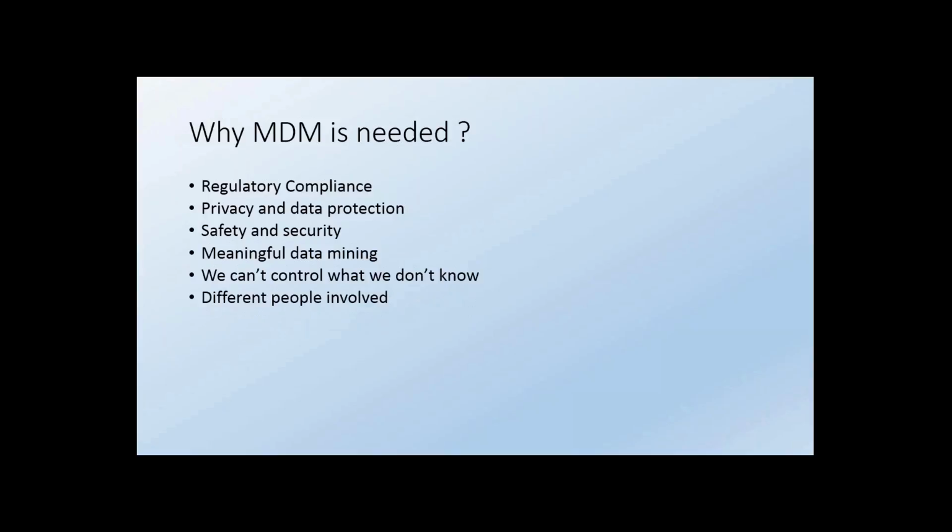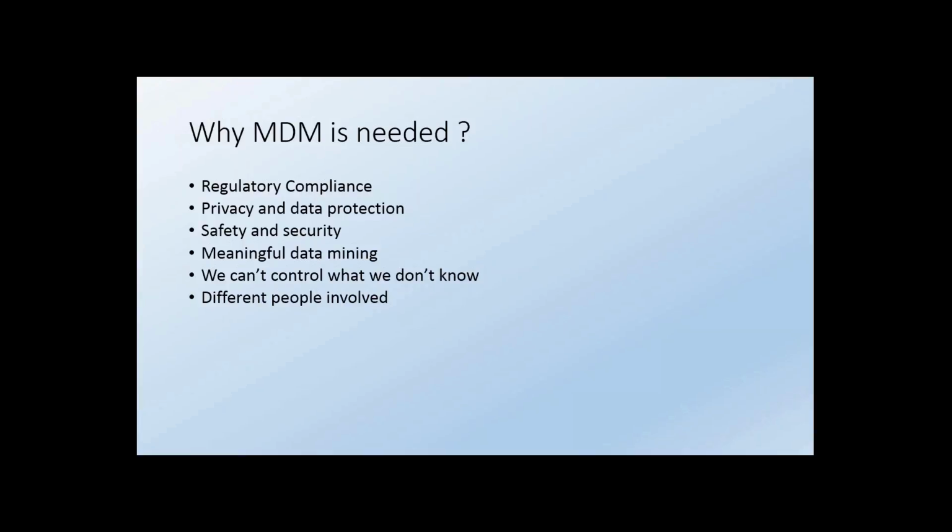Different people involved would create confusions. Let me take an example. If one user thinks the material that I am having right now is 13 centimeter, and the other user thinks that it is not 13 centimeter, it is 14 centimeter or 15 centimeter.